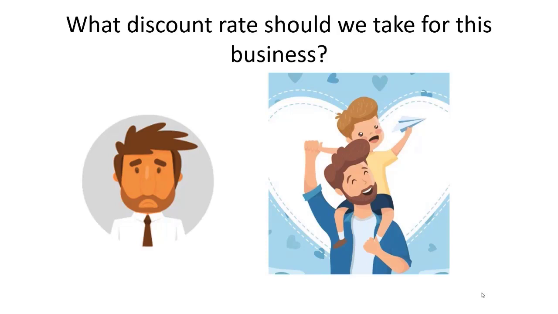Your opportunity cost is 12% in that case. That is basically the opportunity your father is foregoing by investing that money into your business, and hence in this case the discount rate would be that opportunity cost, that is 12% that your father was earning in mutual funds.